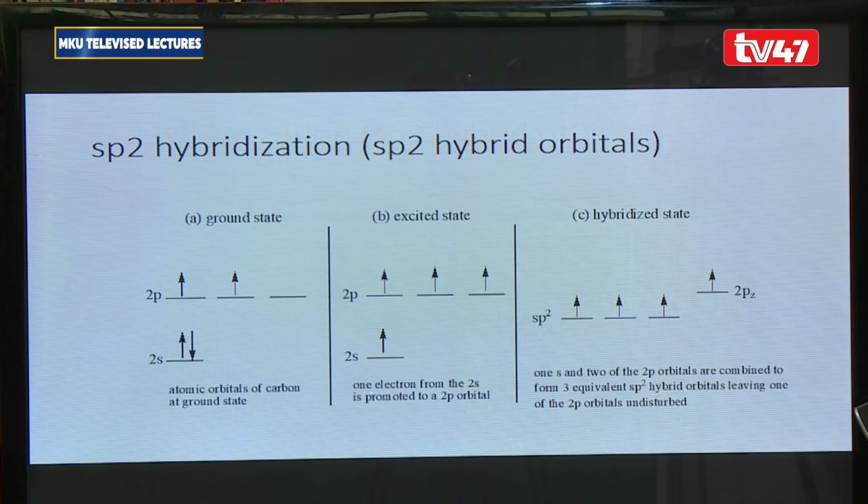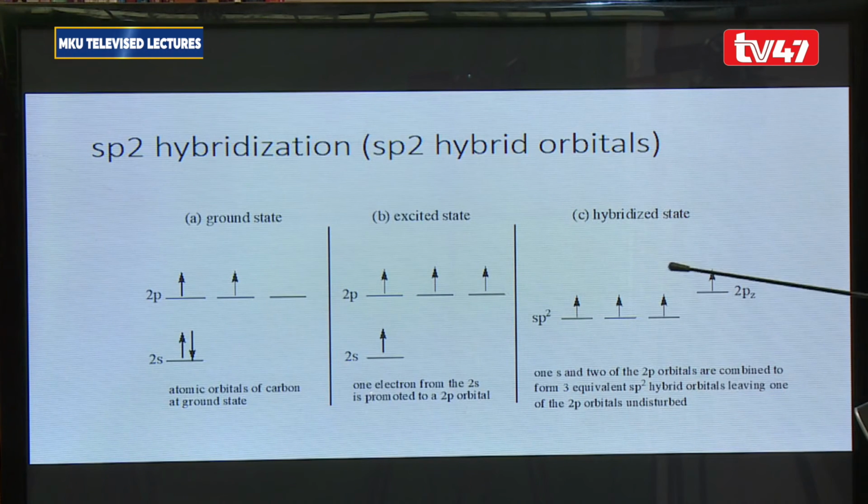Now, we go to the second type of hybridization, which is sp2 hybridization, where we form what we refer to as sp2 hybrid orbitals. Again, we look at the ground state, and the excited state is similar to what we saw in sp3.